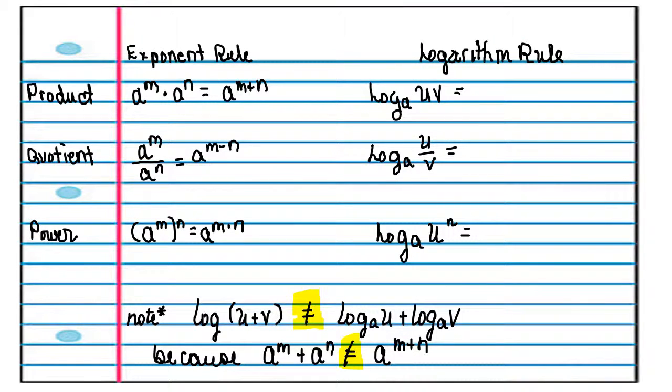So let's just compare the exponent rules with the logarithm rules. The product rule says same base to a power times same base to a power, we just add the powers together. Well, we have the base a right here, and what we're going to do is take log base a of u and add it to log base a of v.